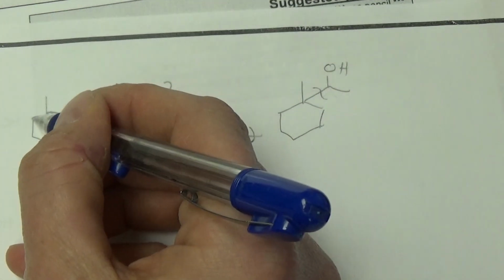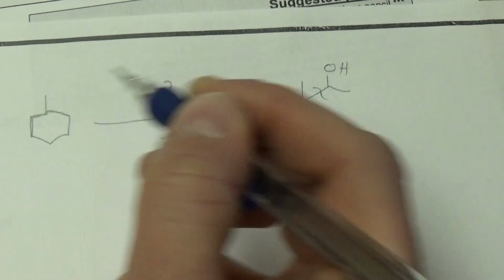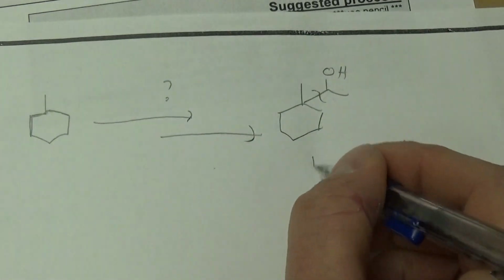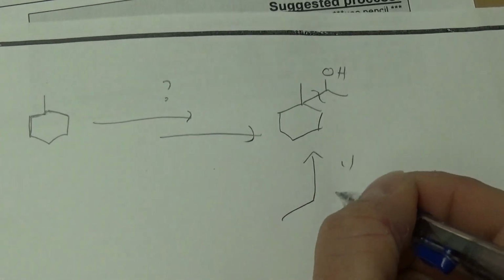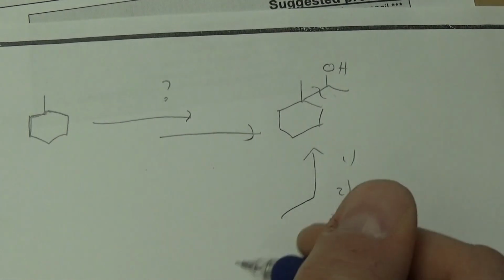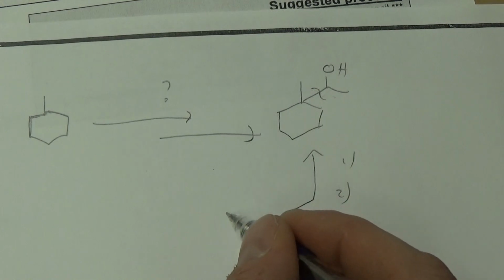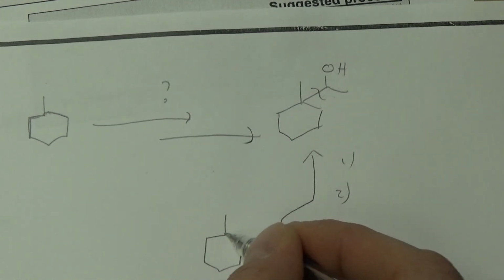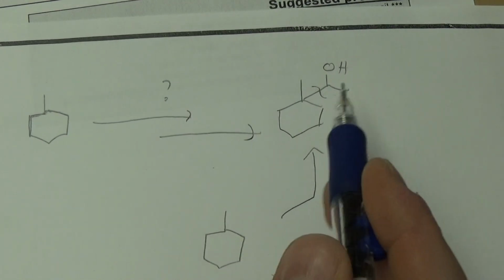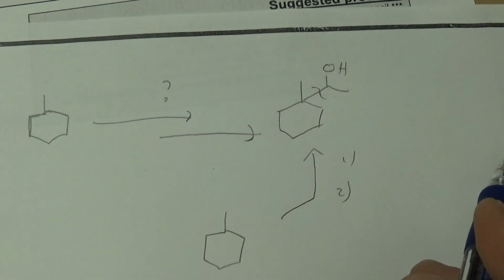Alright, so we're going to go backwards, and you can make this alcohol in the last step using a 1,2 process, kind of using the techniques we did on the previous assignment. So we could do this from a Grignard. Well, actually, we need a nucleophile part and an electrophile part.